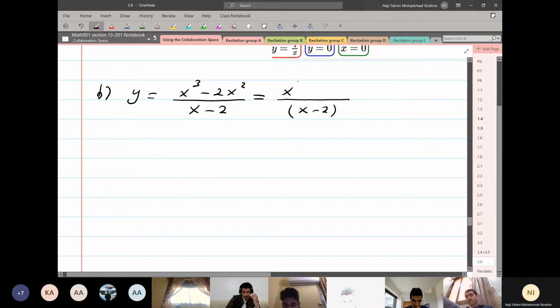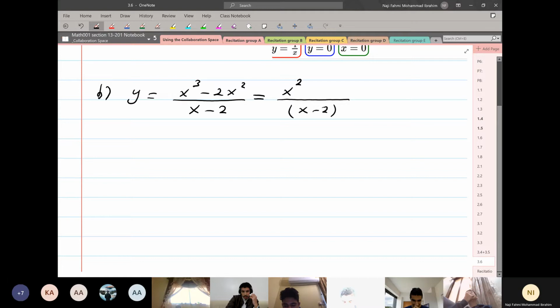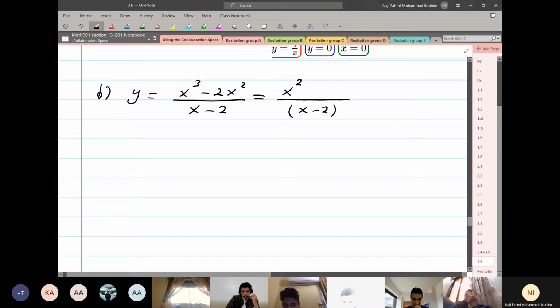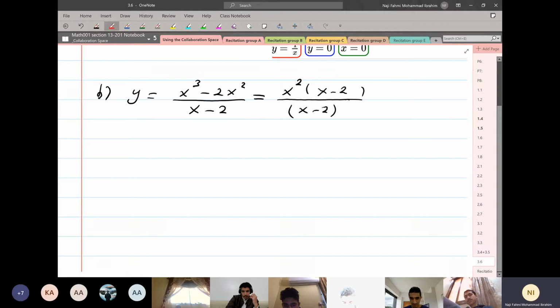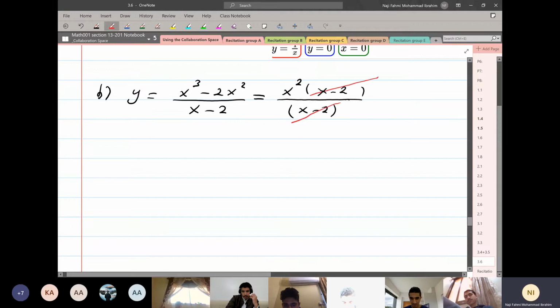Yes, doctor. x minus 2, factor x squared, right? Continue. And x minus 2. Okay. Now, do we have anything to simplify, Shabab? So the answer is x squared.